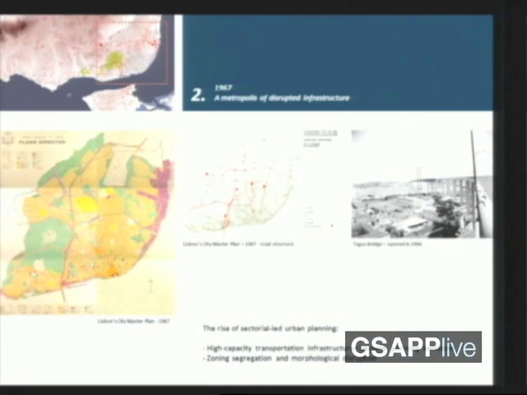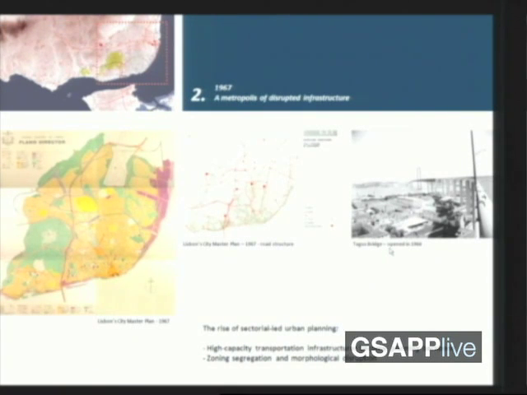This disruption can also be seen in the Municipal Master Plan of 1967, where we can see the rise of sectorial-led urban planning. High-capacity transportation becomes the planning backbone, as we can see in the middle picture, namely by the introduction of a new bridge to the south bank of the river.